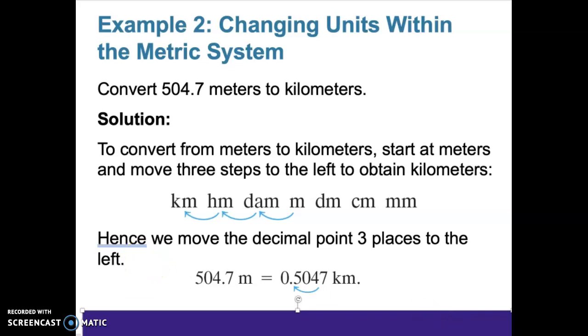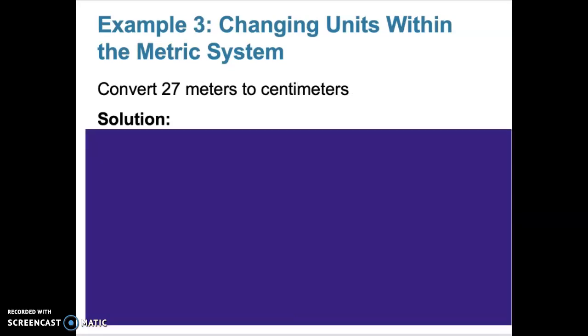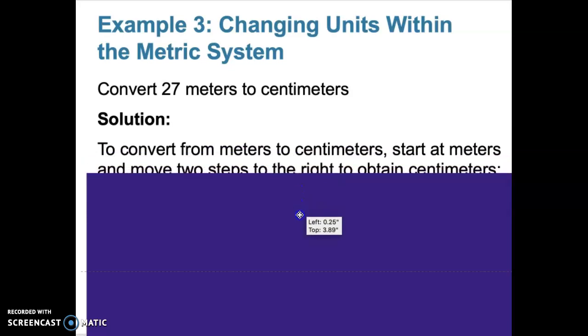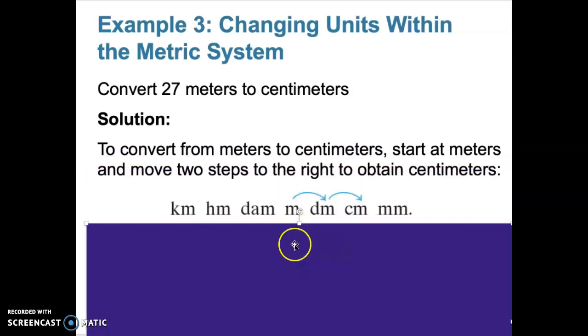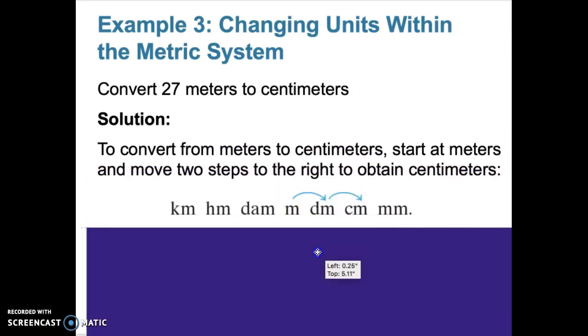I think I have one more example here for you for today. So example number 3, let's convert 27 meters into centimeters. If we're going from meters to centimeters, notice I'm going to the right, aren't I? So I'm going to move the decimal place over 2 times to the right. Well, if it's 27, where's my decimal?